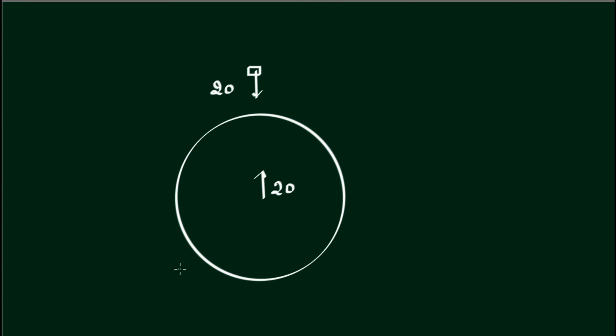So the normal reaction is not the reaction to the weight. The reaction to the weight acts on the Earth, and it's an attractive force. So action and reaction act on different objects. In this case, one of them on the box, one of them on the Earth. And now let's draw the normal reaction force.